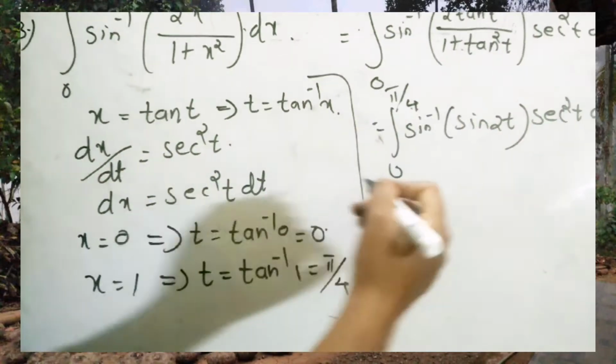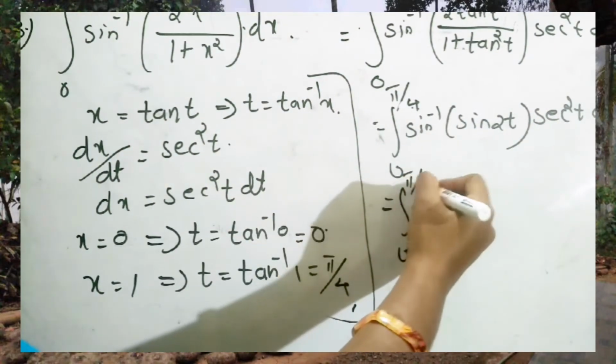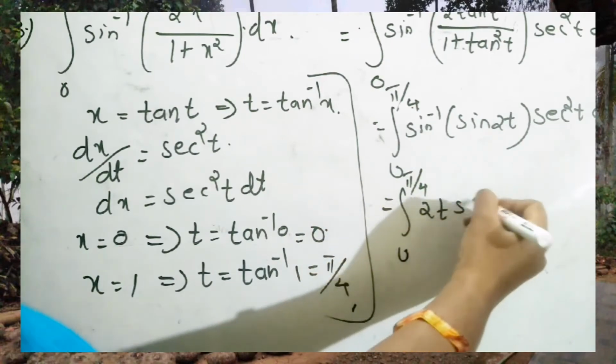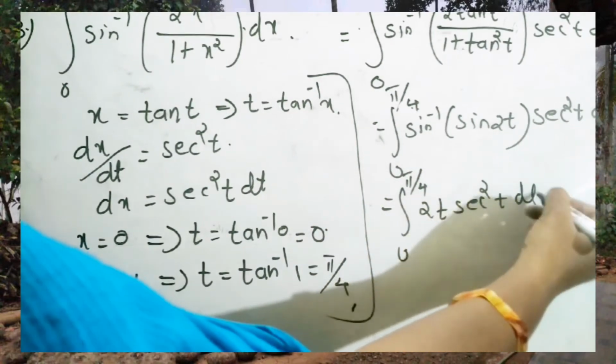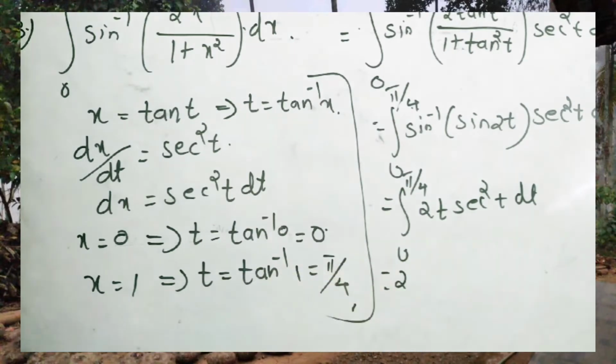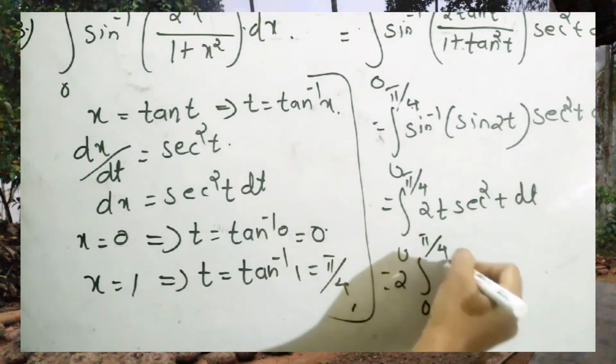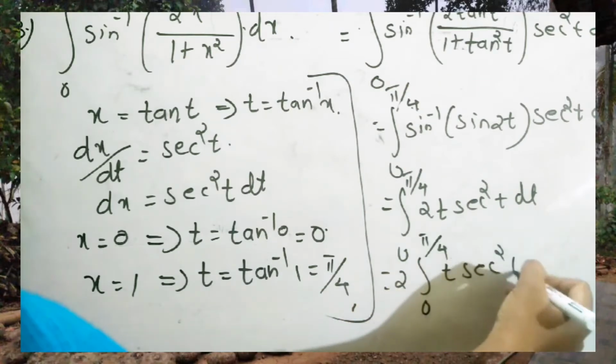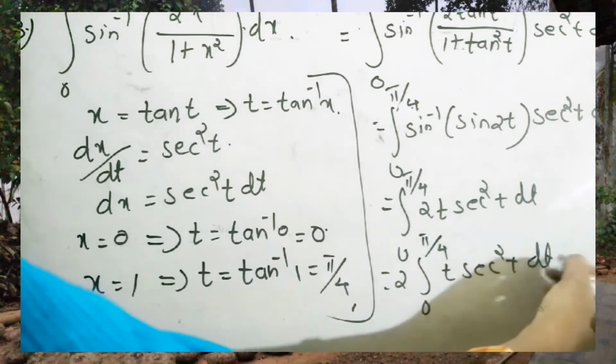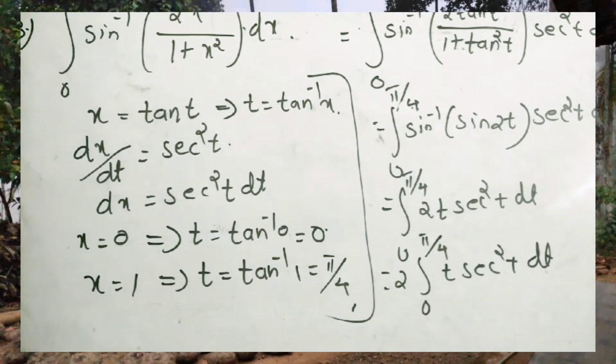Sine inverse and sine get cancelled and we will have integral 0 to pi by 4 of 2t sec square t dt. And as 2 is constant, we can take it outside. Then 2 into integral 0 to pi by 4 of t sec square t dt.